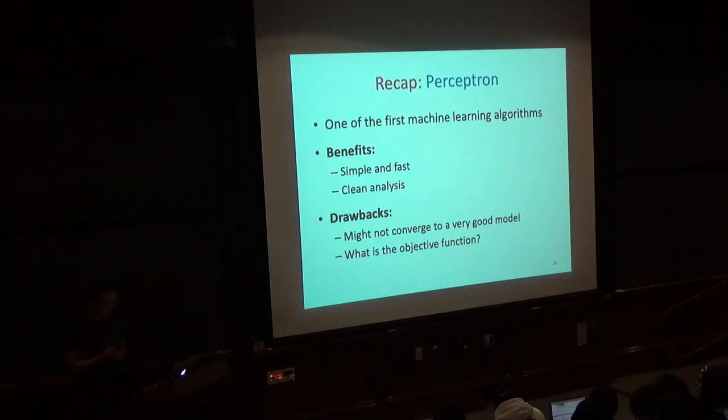Okay, so just to recap, we looked at the Perceptron algorithm. It's one of the first machine learning algorithms. Some might say it's the first. Some benefits: it's simple, fast, very clean analysis. It's a very beautiful algorithm in many ways. Some drawbacks: it may not converge to a very good model. But one of the things that's kind of weird about the Perceptron algorithm is that, from everything that we learned in the first lecture, what is it doing?